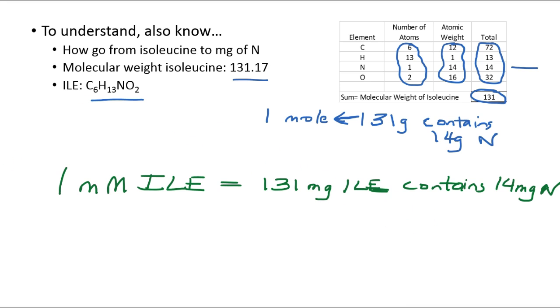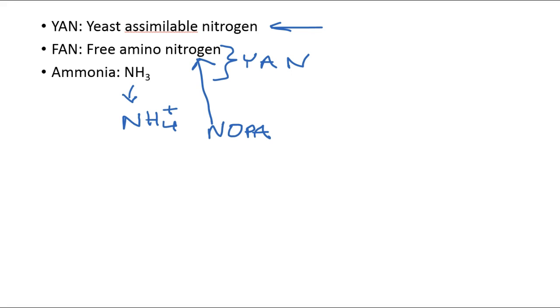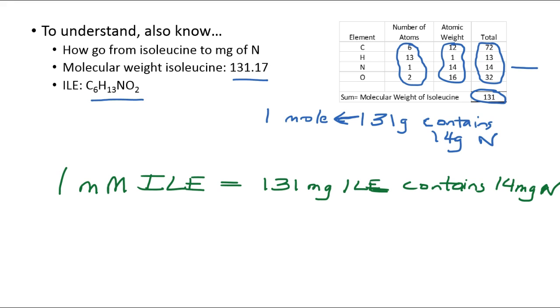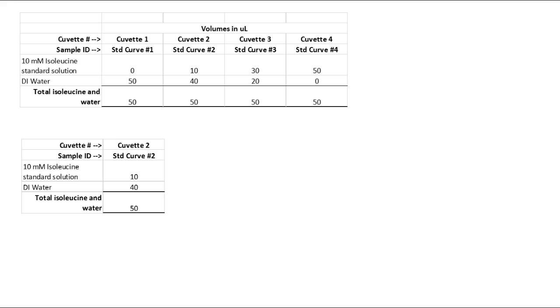So what do we do here when we set up the assay? We get to the next slide here. We set up the 4 standard solutions, the standard for doing the standard curve, the solutions like this. We had a certain quantity of isoleucine solution, and I mistakenly left out the units here.